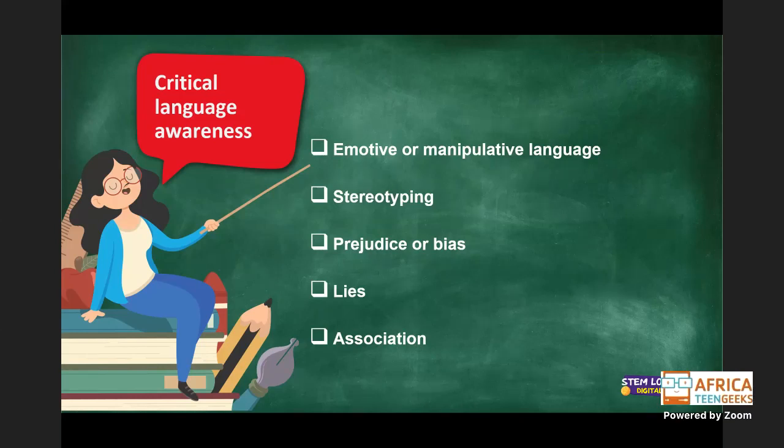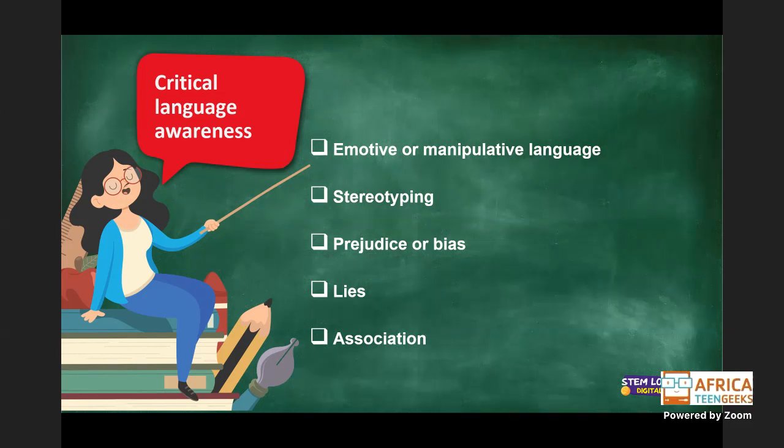Then move over to critical language awareness. So to be critical when reading, viewing, or listening means to analyze the material so that you can understand what is really being communicated, okay? So when you study advertisements and cartoons, you should watch out for, firstly, emotive, meaning emotional.